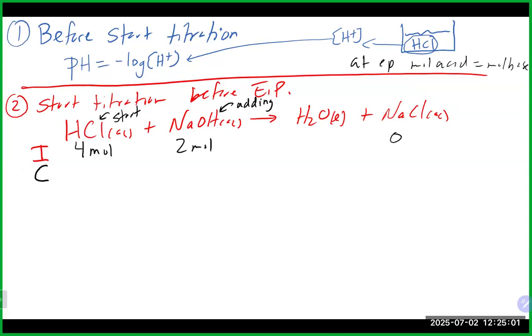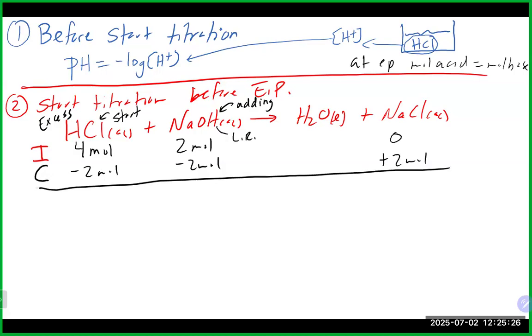Once again, here we did an ICE table with moles, so I know what the change is going to be. At this point in the titration, my HCl is my excess reagent, and the sodium hydroxide is my limiting reagent. So the sodium hydroxide is going to be the change, minus 2 moles, minus 2 moles, and plus 2 moles on this side.